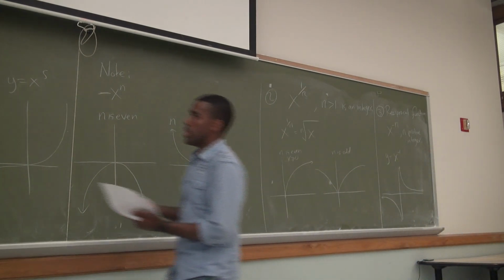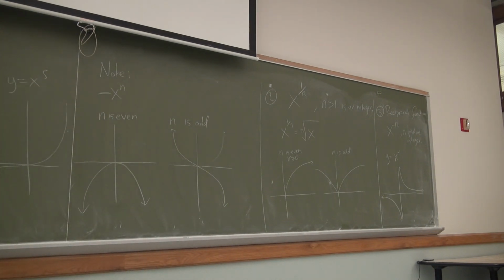And in general, you have x to the minus n. Then if your n is odd, it will look sort of like that. If your n is even, right? So 1 over x squared looks like this. 1 over x to the 4th looks like this. 1 over x to the 6th looks like this.